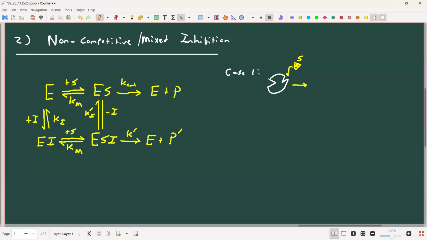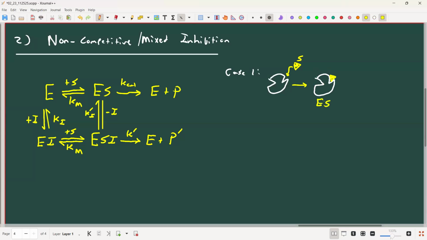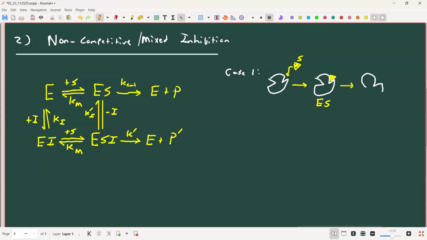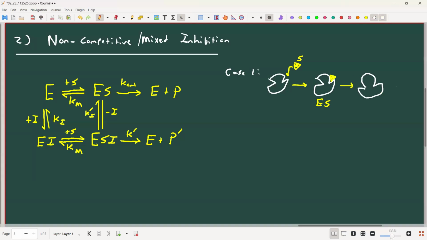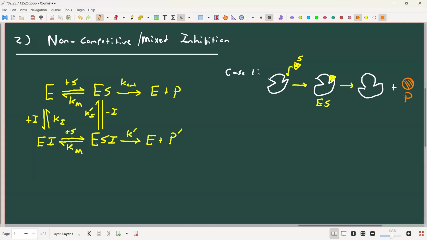We now have something that looks like this. It's got the enzyme, right? This is ES. And then we're left with our enzyme again, plus our product. And of course this happens at some kcat.